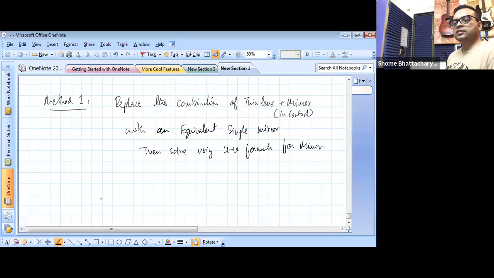This seems like the easiest thing to do here. So 1 upon f equivalent should be equal to minus 2 upon focal length of the lens plus 1 upon focal length of the mirror.